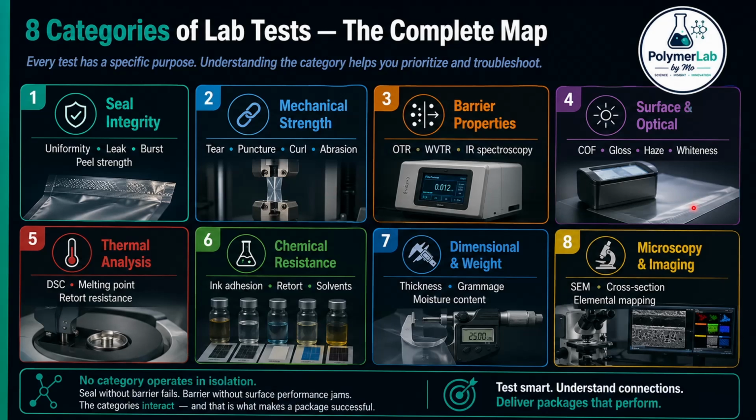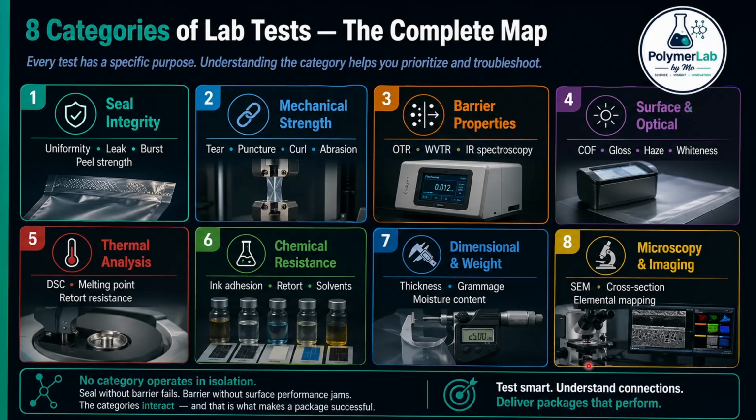Surface and optical tests, friction, gloss, haze, ink adhesion. Thermal analysis, DSC, melting temperature, retort resistance. Chemical resistance, how inks and coatings survive real-world contact. Dimensional and weight, thickness, grammage, moisture content, and microscopy, the test where you see what the naked eye cannot.